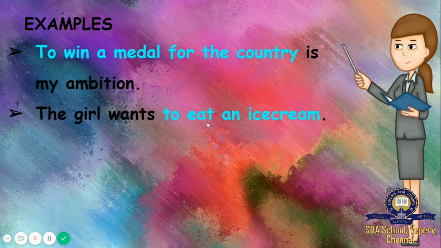We can also see that it is acting as an object to the verb wants. What does the girl want? To eat an ice cream. So to eat an ice cream is acting as an object to the verb wants.